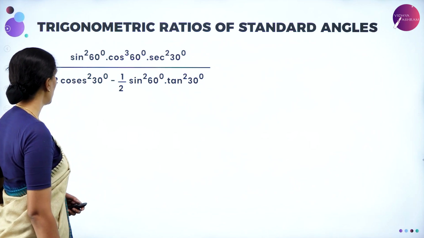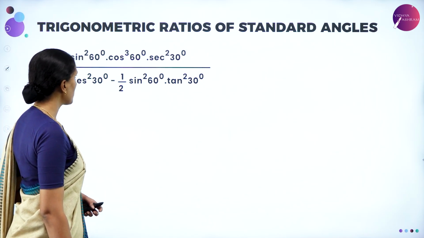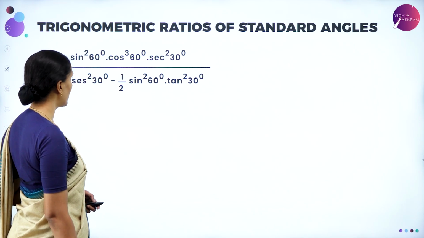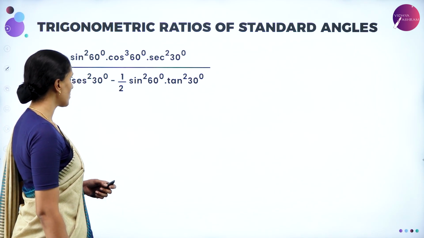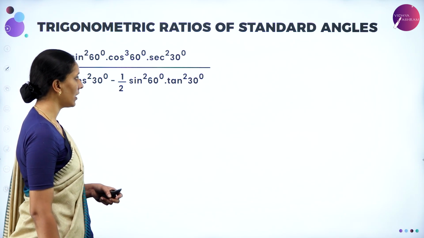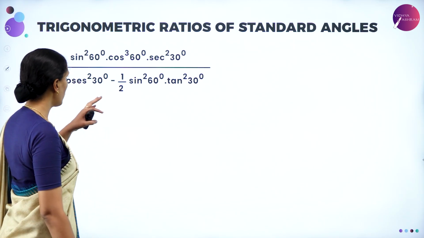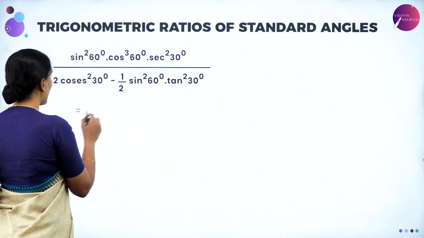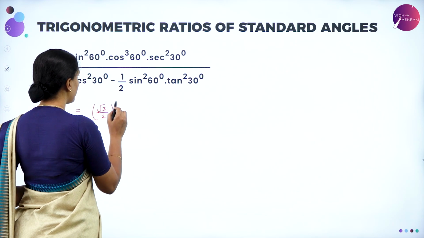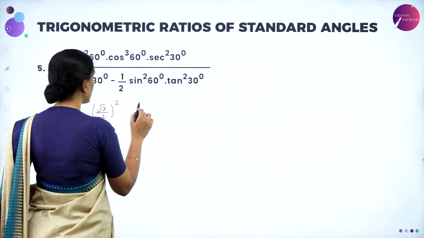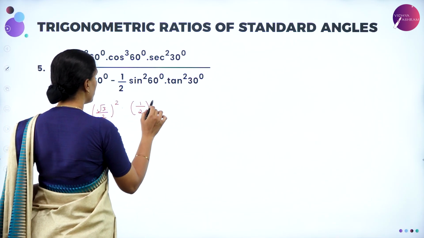Next one. Sine square 60 degree, cos cube 60 degree, secant square 30 degree, whole divided by 2 cosecant square 30 degree minus 1 by 2 sine square 60 degree into tan square 30 degree. So we need to find the value here. Sine square 60 is nothing but root 3 by 2 whole square. Cos cube 60 is 1 by 2 whole cube.